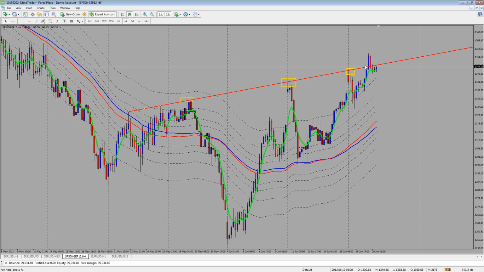Yesterday it breached this neckline, but eventually closed just below it. Now it looks like this neckline may again serve as resistance.